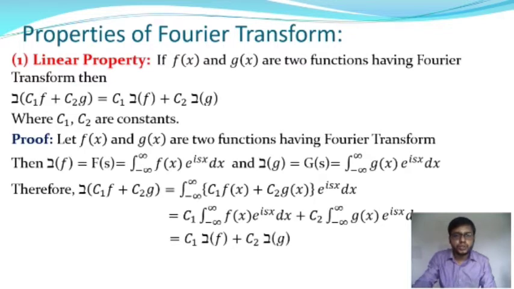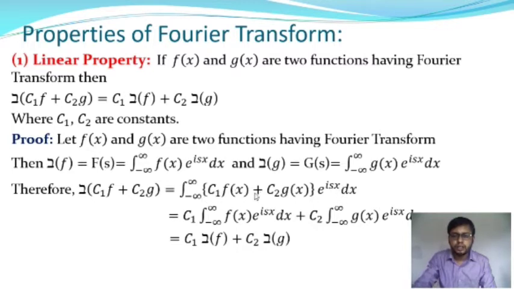From the definition of the Fourier transformation it gives the integral from minus infinity to plus infinity of c1 f of x plus c2 g of x, times e to the power i s x dx. This is the definition of the Fourier transformation for the function c1 f plus c2 g, where c1 and c2 are constants. Now separate this integration over the two functions f and g.